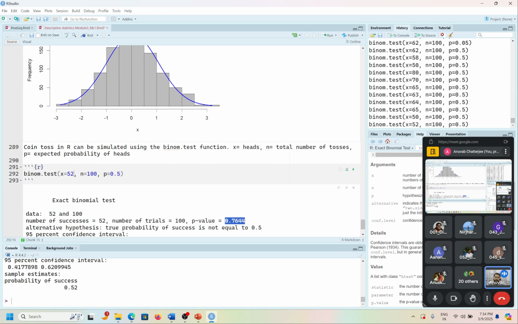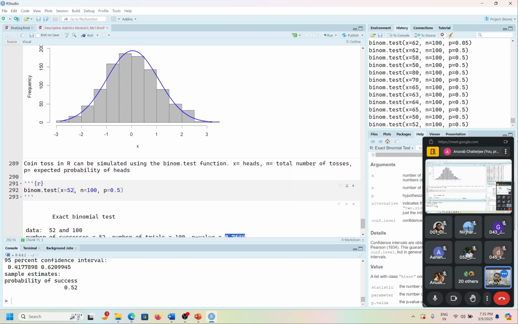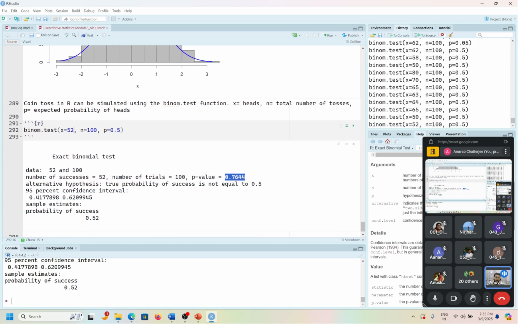So instead of 50% heads, you're getting 52. So your data point is shifting, but the p-value tells you that it is still not in the extreme skewed region, so you can't significantly say that the coin toss is unfair.